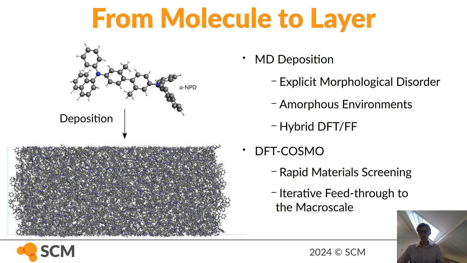So to characterize this environmental effect, we have implemented two different workflows. On the one hand, we can perform a simulation of chemical vapor deposition to really get an atomistic picture of the complete morphology. So this is the approach that provides us with by far the most detailed picture of the environment.